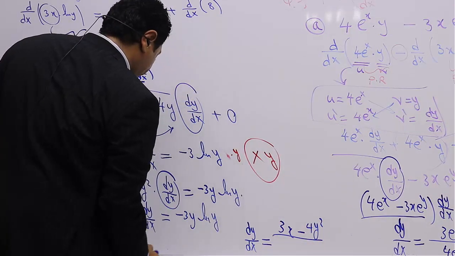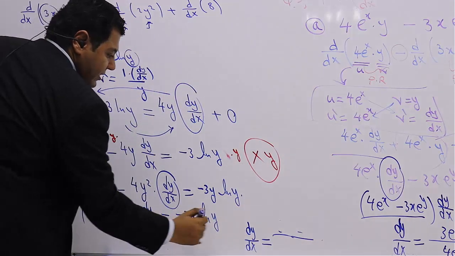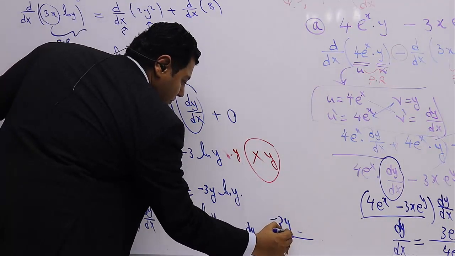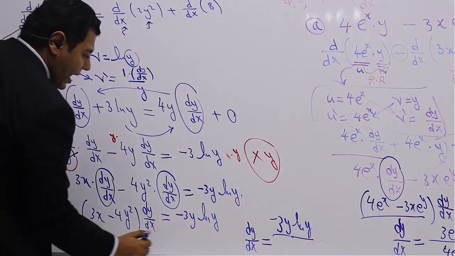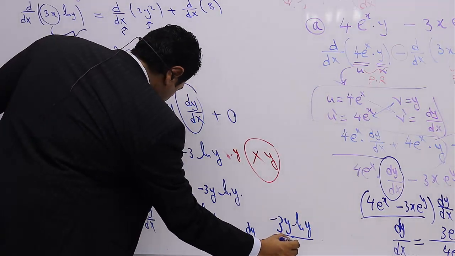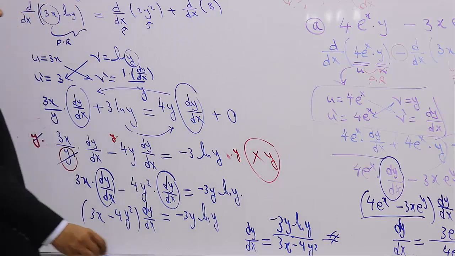So it's minus 3y times ln y divided by this expression 3x minus 4y squared, and this is the final answer.